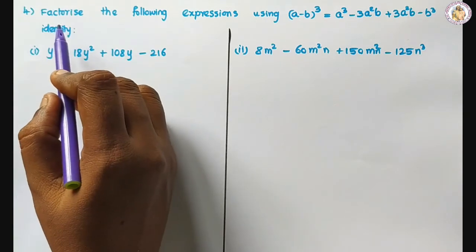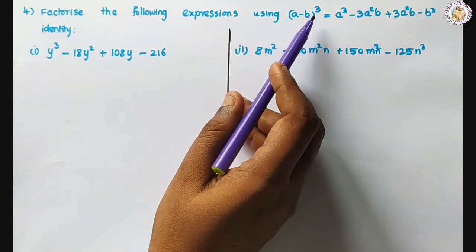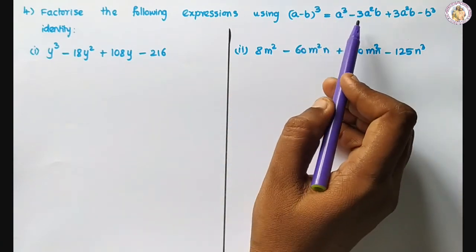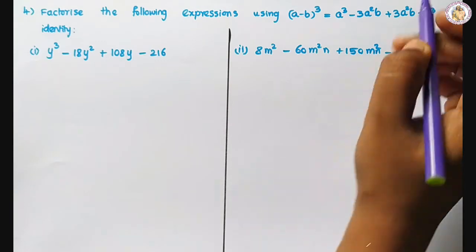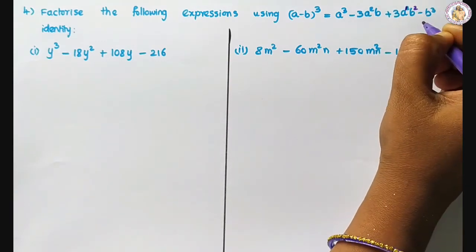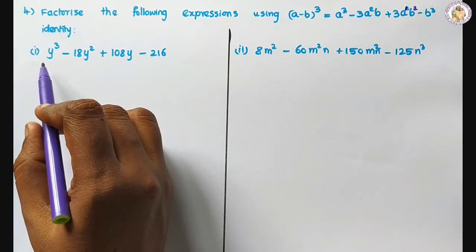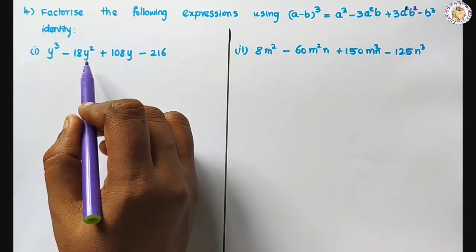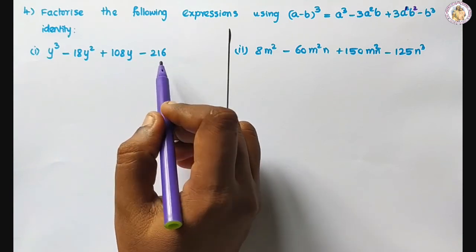Fourth question, factorize the following expressions using the identity (a minus b) whole cube equal to a cube minus 3a squared b plus 3ab squared minus b cube. Listen, first one, y cube minus 18y squared plus 108y minus 216.